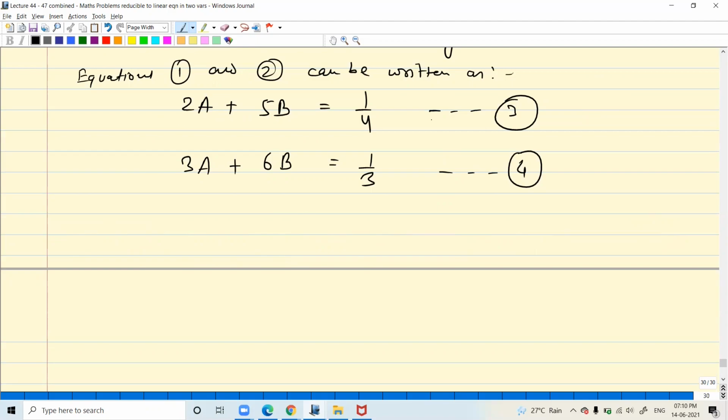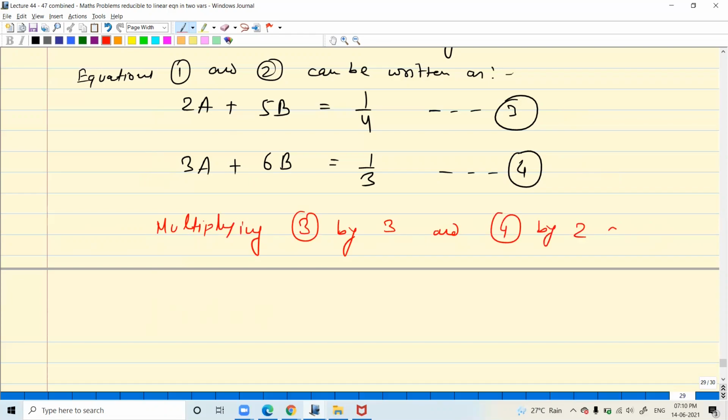I'll multiply the third equation by 3, and this one by 2. So this will eliminate A. So how should I write it? I will write it as: the third equation I'm multiplying by 2, so it becomes 6A.